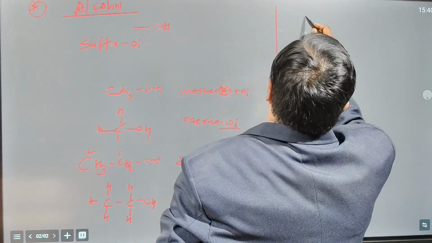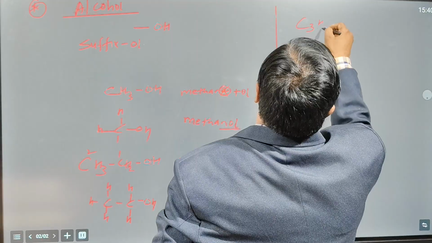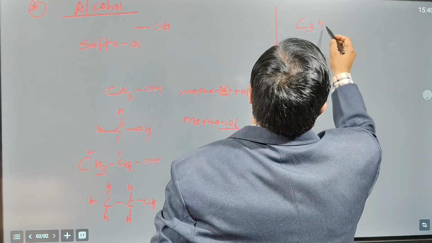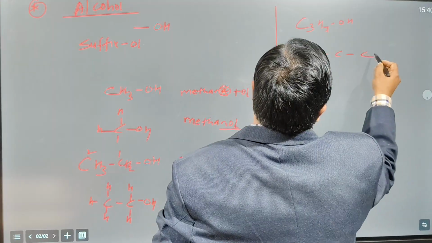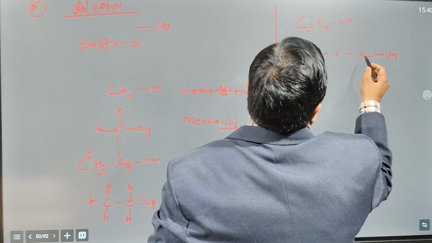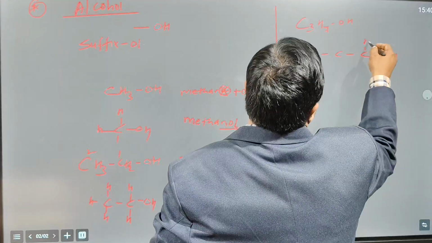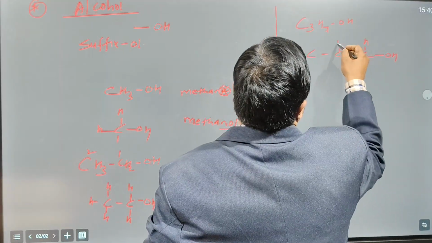Okay, let's talk about this one. C3H7OH, or we can write it like this: 3 carbon atoms, yes or no, and OH is there. You can see here 1-2 bond is there, meaning 2 hydrogen.